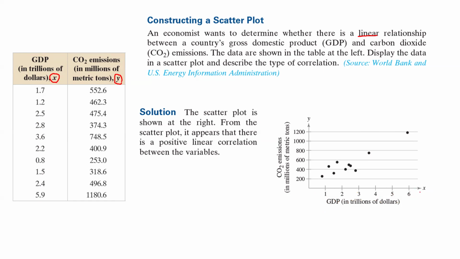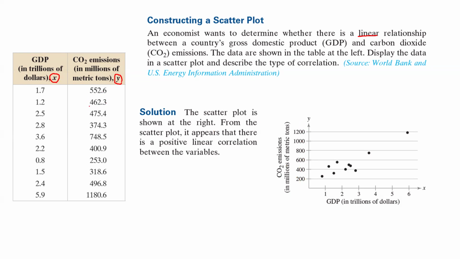The independent, explanatory variable is x. On the vertical axis, however, you have the dependent values, y values.